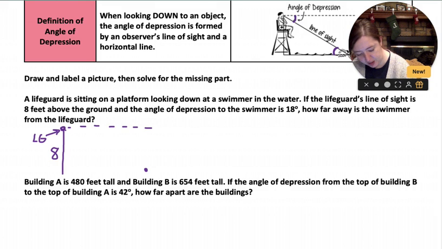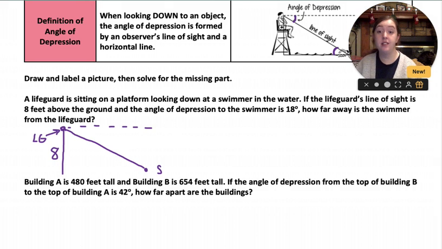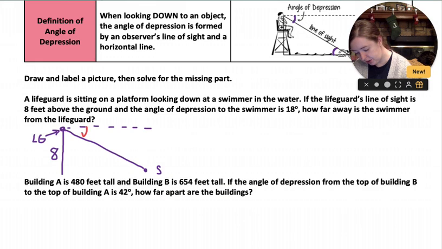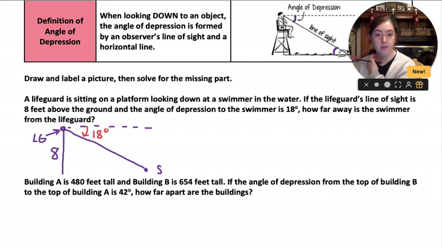Over here will be my swimmer. There's the lifeguard's line of sight. So the angle of depression from the horizontal down right here is going to be 18 degrees. How far away is the swimmer from the lifeguard tower?